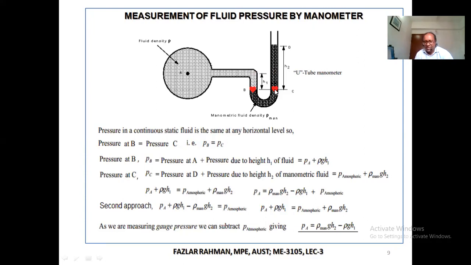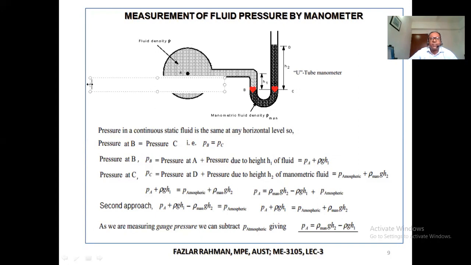Okay. Now, I try to figure out the pressure at point B. I'll start from the tank A. You see that at point B, what is the height of the column of fluid? H1, right?